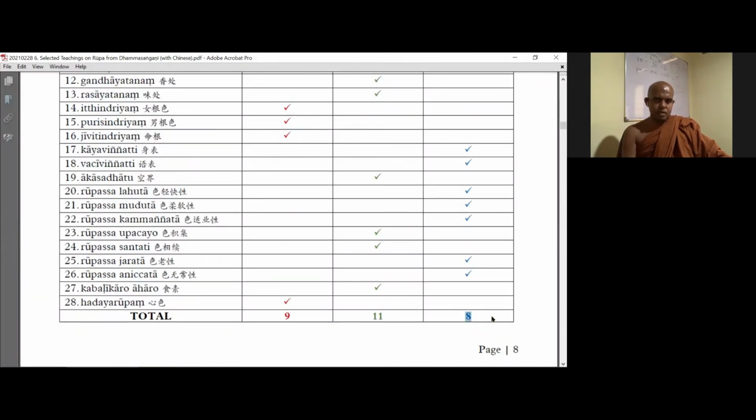How many Anupadinna Anekanta Rupa? There are 11. Now you know how many Kamaborn Rupa and how many not Kamaborn Rupa according to the Dhammasangani book.